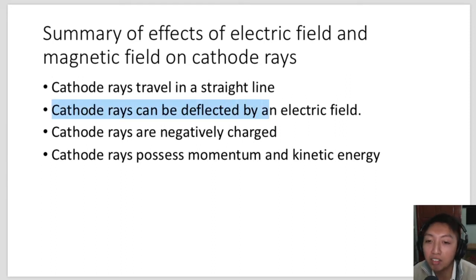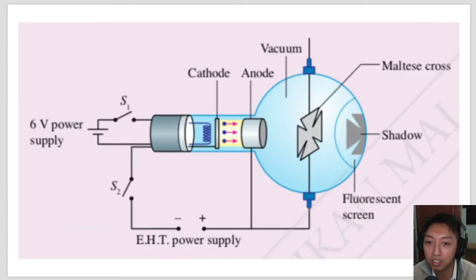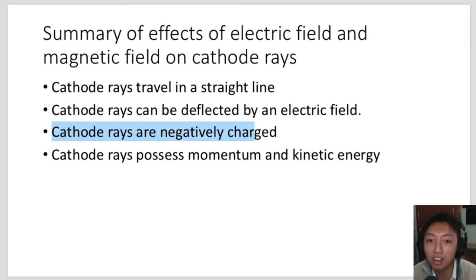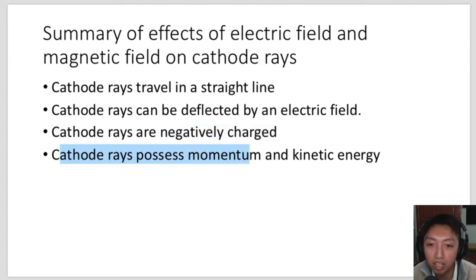Cathode rays can be deflected by an electric field, like what we saw earlier in this experiment. Cathode rays are negatively charged because they always tend to be attracted to any positive charges. And the last one is that cathode rays possess momentum and kinetic energy.